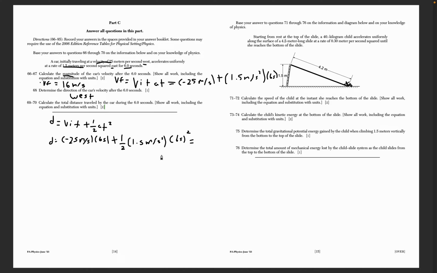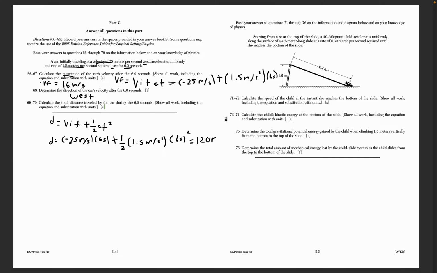Okay, use your calculator. You would get 123 meters, but round to the whole number, we can just put it as 120 meters.